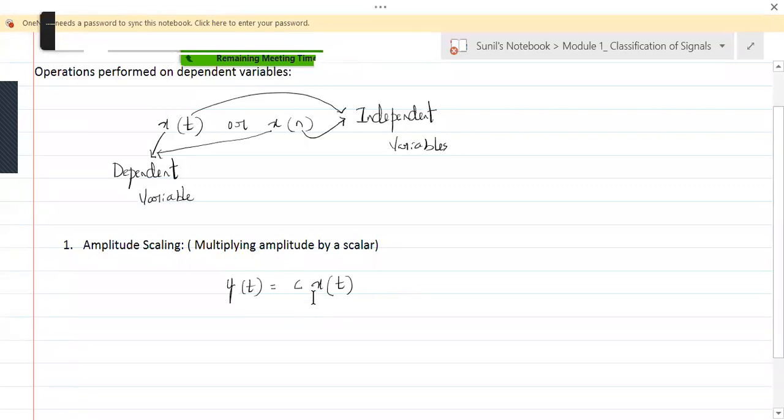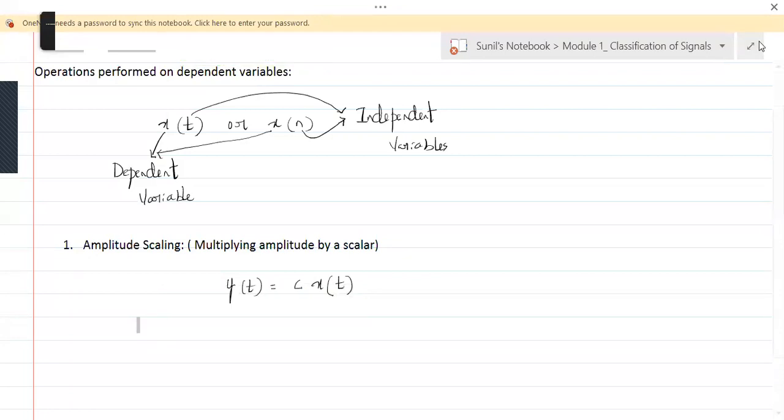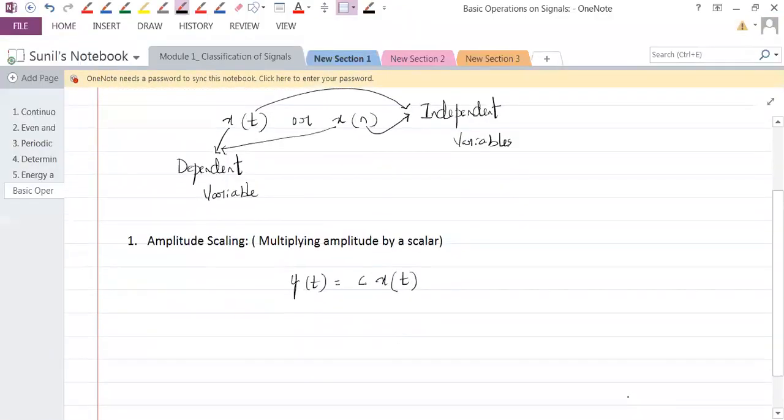So what is that device wherein the amplitude of the signal is amplified? Can you give me that example? Example of a device wherein the amplitude of the signal is increased. Nobody knows?